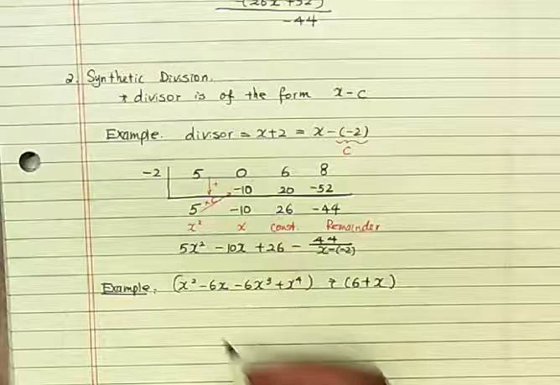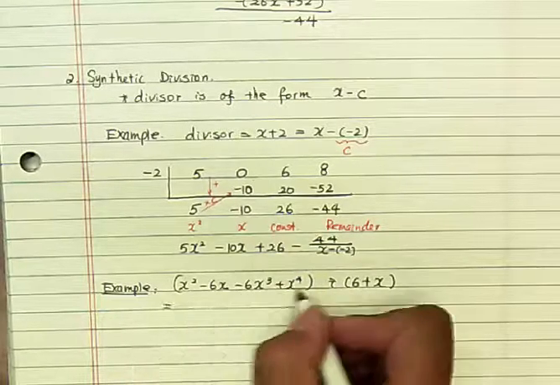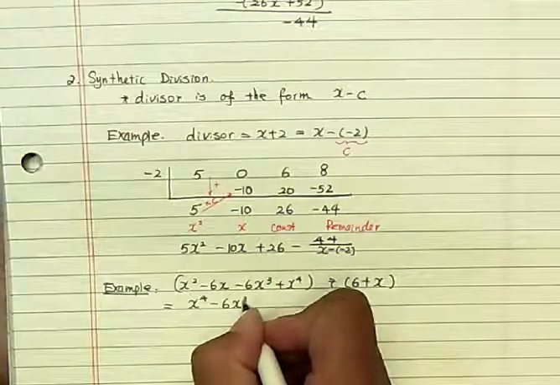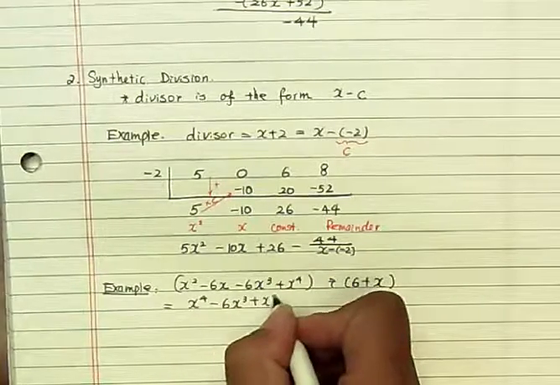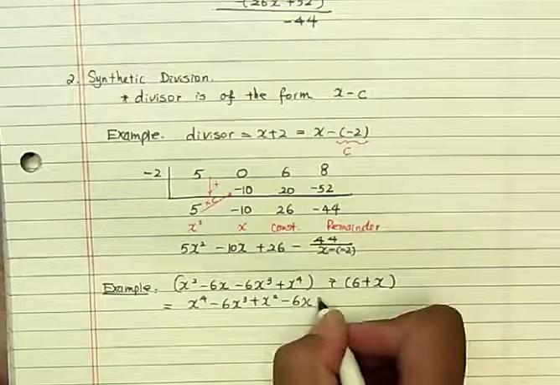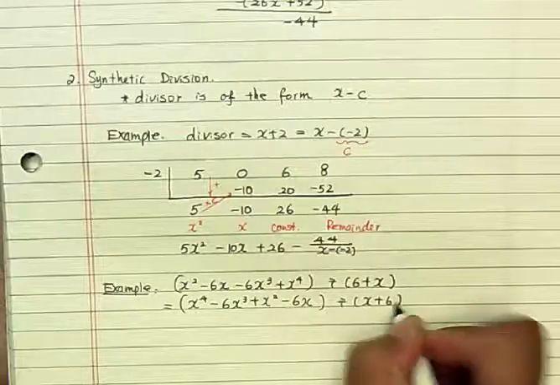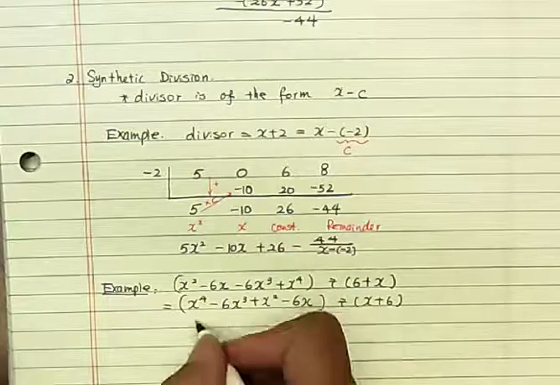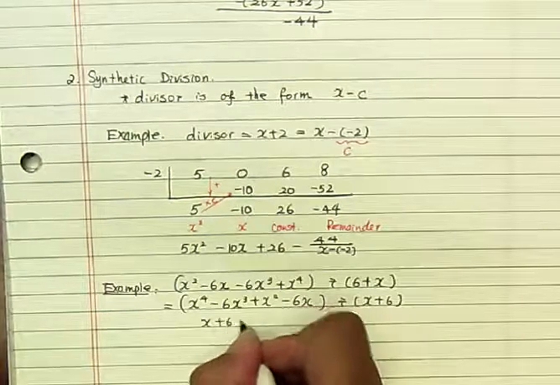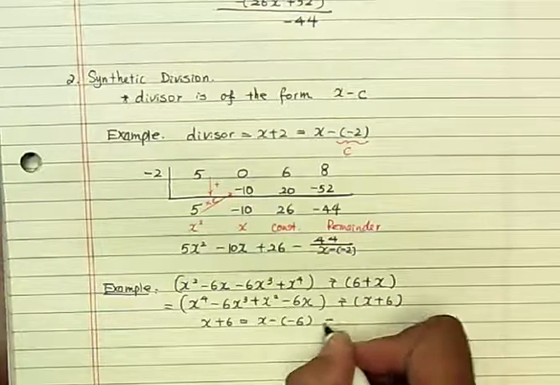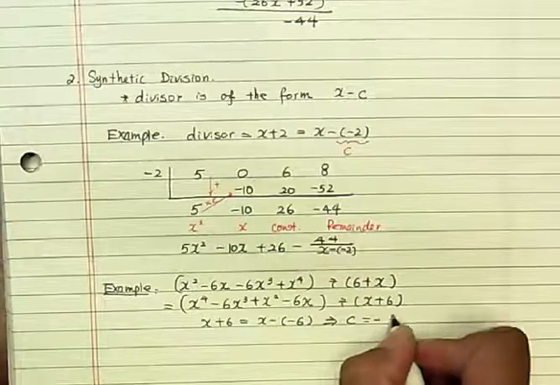We are going to write this in descending order: x to the fourth minus 6x cubed plus x squared minus 6x, divided by x plus 6. Again, x plus 6 can be written as x minus negative 6. So in this case, c is negative 6.